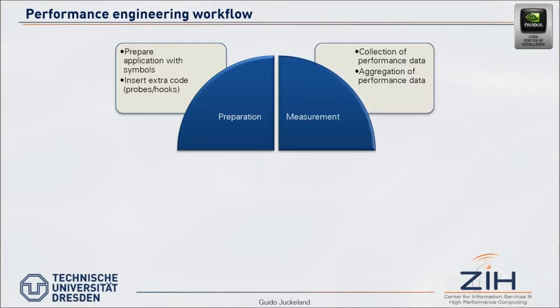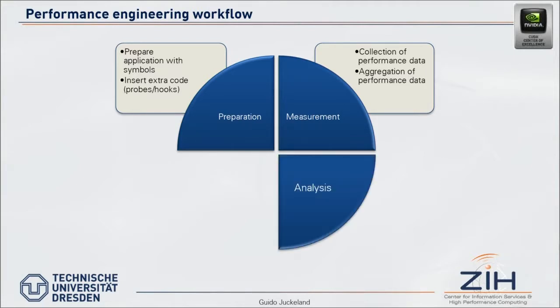Then you run your measurement. Basically, you're executing your application with a performance monitor attached, and so you're collecting performance data there. And maybe if you're doing instant profiling, you're already aggregating it there.